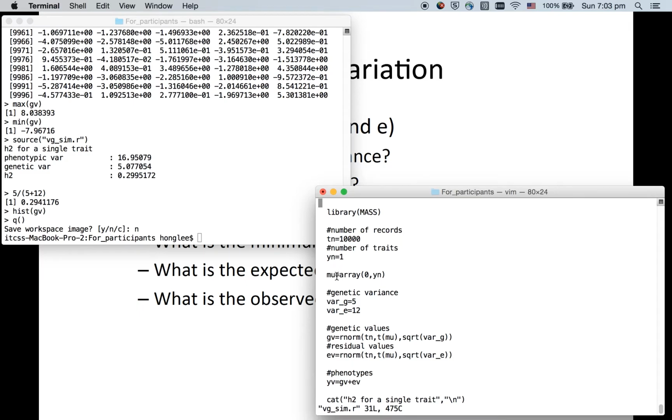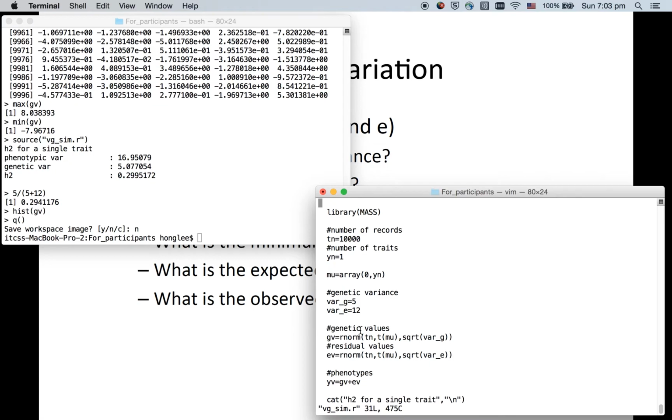Then mu is the mean that I showed in the lecture, the middle of the normal distribution. It is all set as 0, assuming the variables are mean centered. Then the true simulated values: genetic variance is set as 5 and residual variance is set as 12.